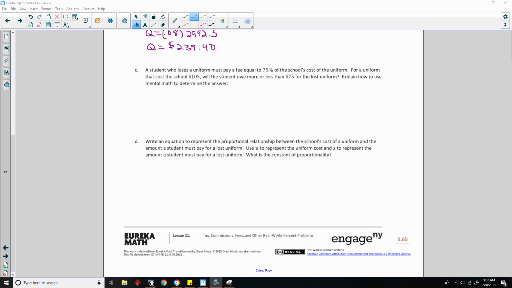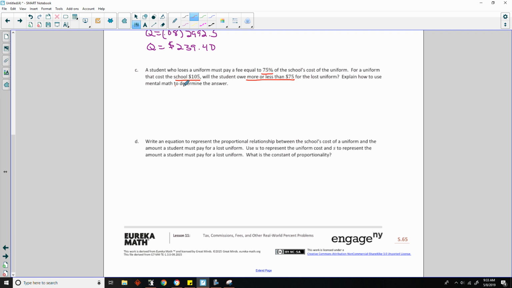Part C says, a student who loses a uniform must pay a fee equal to 75% of the school cost of a uniform. For a uniform that costs the school $105, will the student owe more or less than $75 for the lost uniform? And it says, explain how to use mental math to determine the answer.